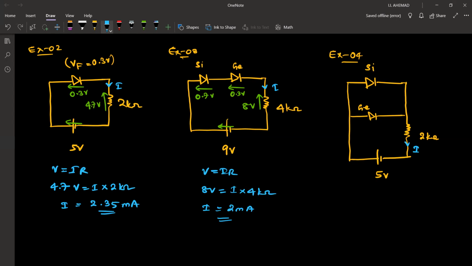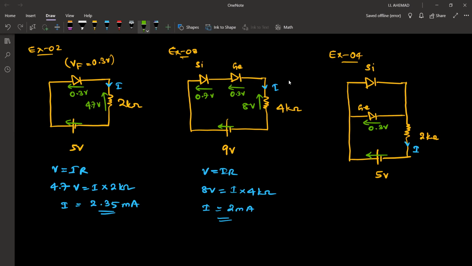So here, now we have 5 volts. So the potential increase here will be 5 volts. Okay. Now germanium needs only 0.3 volts to get forward biased. So this needs only 0.3 volts.